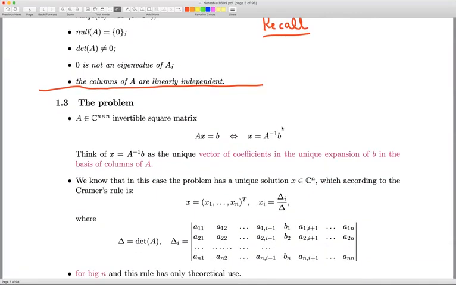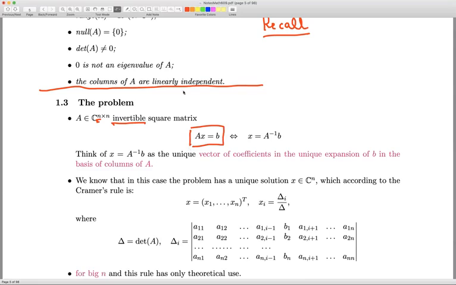And now if we look at the problem that we are going to discuss, we have a matrix with complex or real entries that is square, has n rows and n columns, and is invertible. And we would like to find the vector x such that Ax is equal to b.